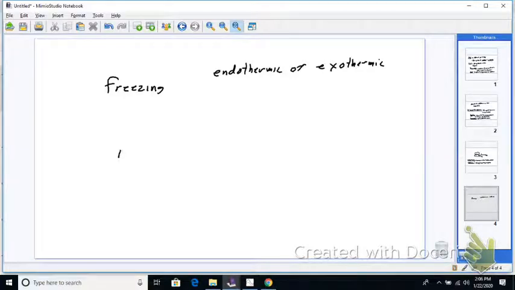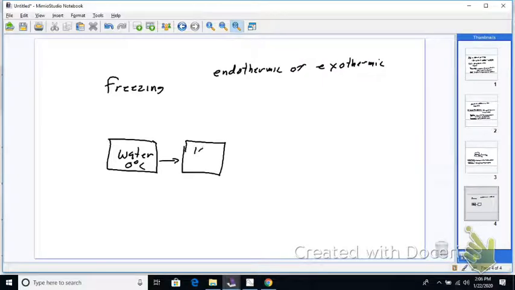When something is freezing, is that what you're asking? Yep, when something's freezing. So we got water at 0 degrees Celsius, and we're eventually going to get it to go to ice at 0 degrees Celsius. So that's freezing. That's what will happen.